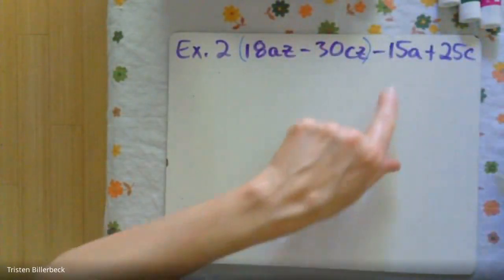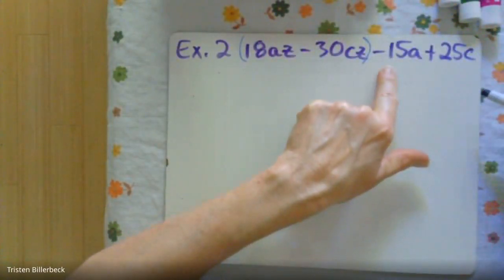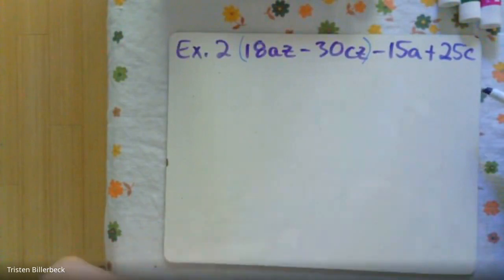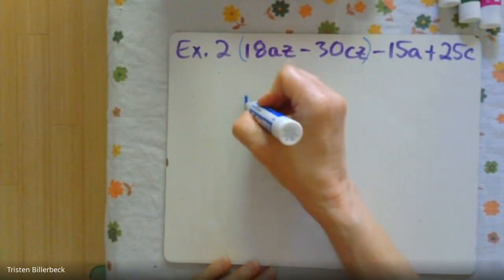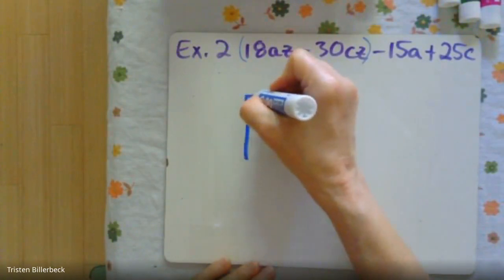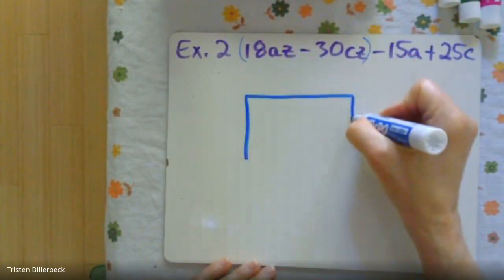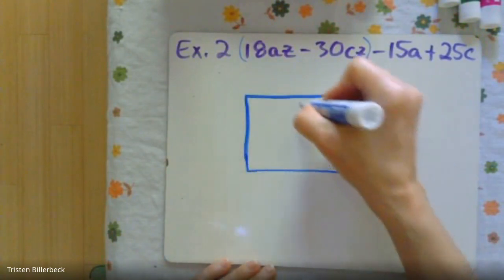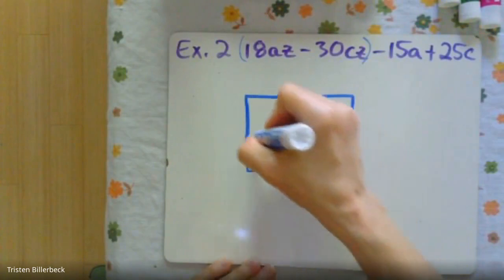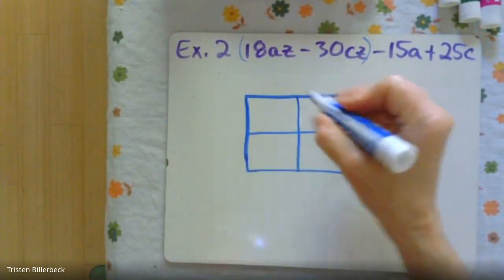But this is a little scary because there's a negative. That's where we might run into trouble with the parentheses. So actually, let's try the box for this, because when you have too many negatives, it's too easy to make a mistake. So let's try the box.